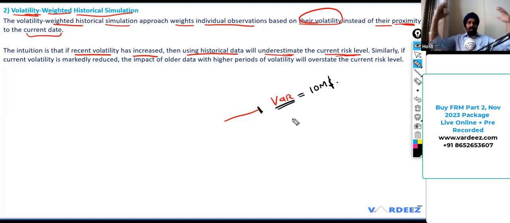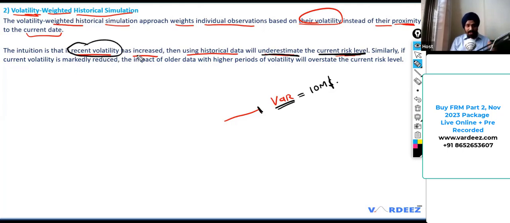If the volatility is high, obviously your losses can go beyond $10 million. So you are underestimating the current risk level if you did not capture the recent volatility, especially if it has increased. If volatility has gone up and you've calculated the VAR using older historical data points, then you are underestimating your risk levels.